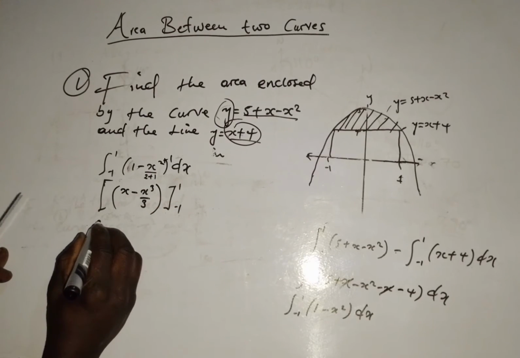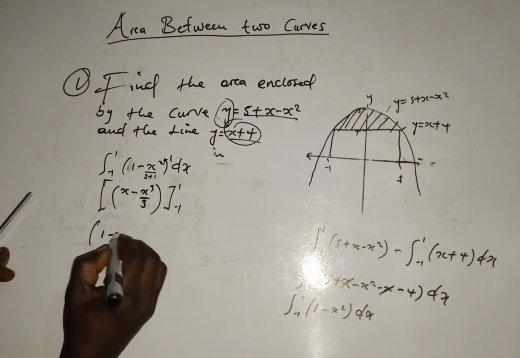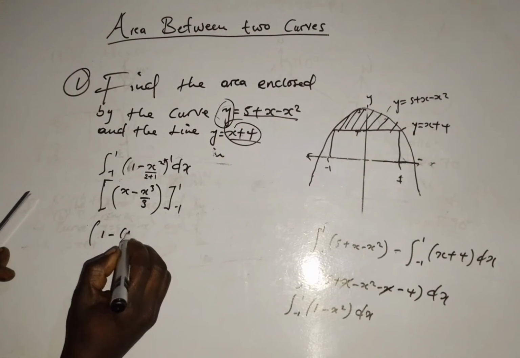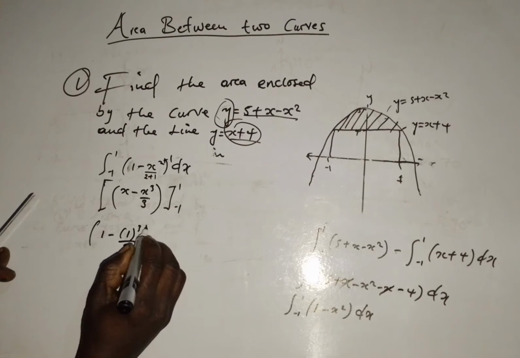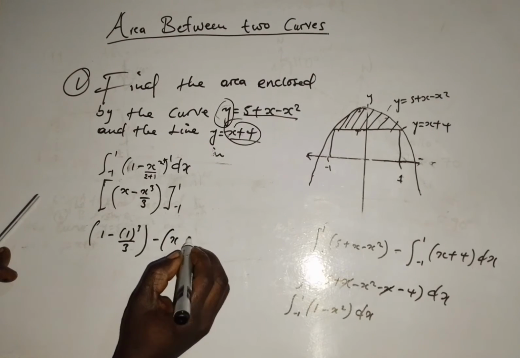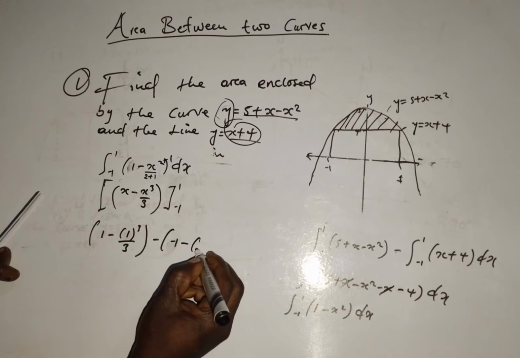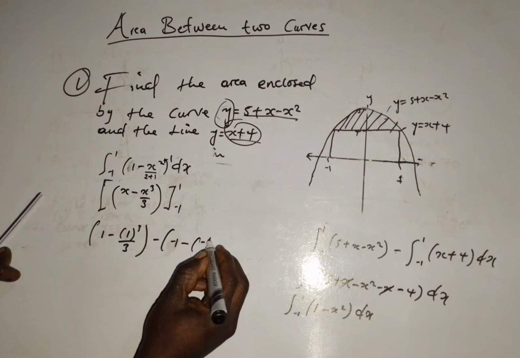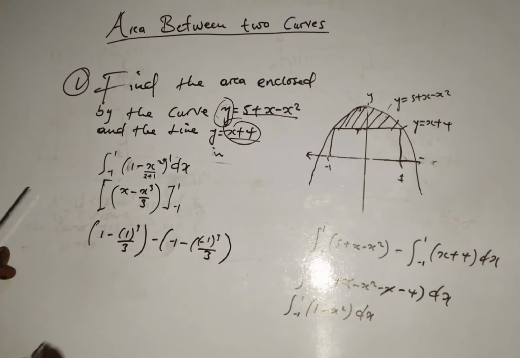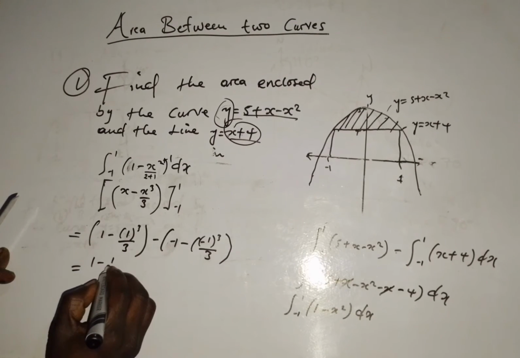For the first one, when you substitute x with 1, we're going to have 1 minus 1 cubed over 3, then close bracket, then minus open bracket, where we substitute x with negative 1, so minus 1, then minus negative 1 cubed over 3, close bracket, in which it will be equal to 1 minus 1 cubed, which is 1 over 3.